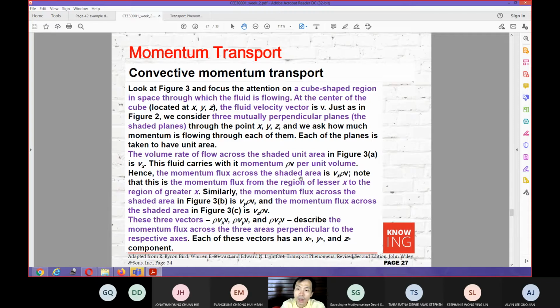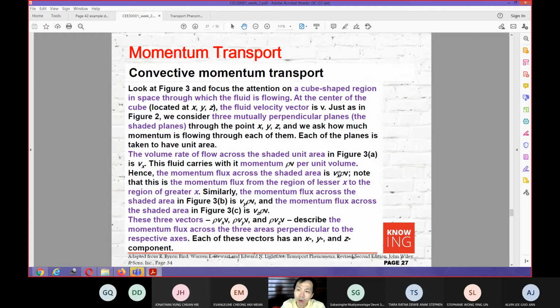So along the x direction, the momentum flux will be the velocity along the x direction multiplied by rho v. What you can imagine here is your velocity in the x direction multiplied by this momentum rho v per unit volume.